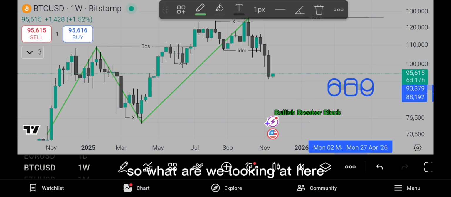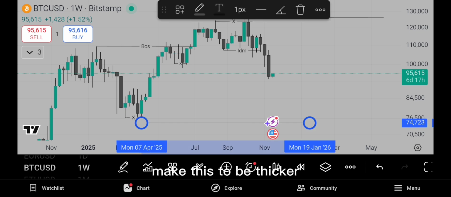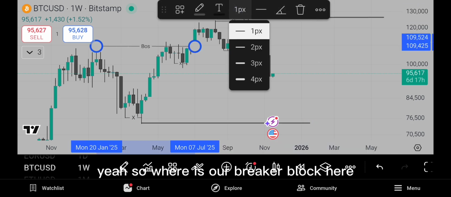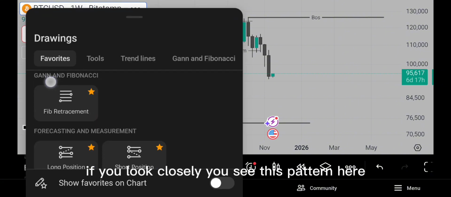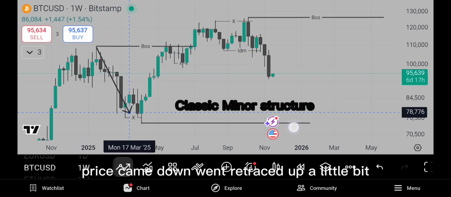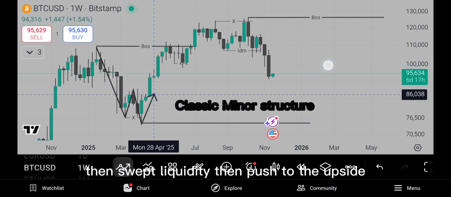So what are we looking at here? Let me clean this too so that it will be very neat. Make this thicker, make this thicker, and make this thicker. Yeah. So where is our breaker block here? If you look closely, you see this pattern here. Let me start from this high. Price came down, and retraced up a little bit, then swept liquidity, then pushed to the upside.